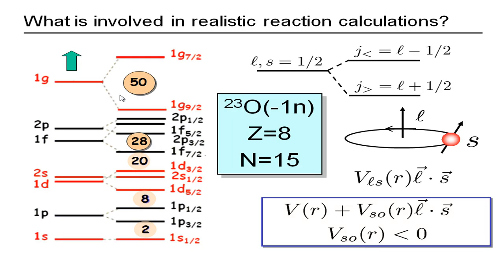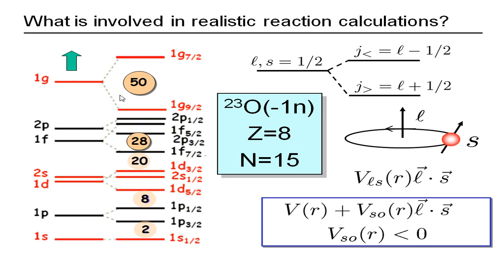So our naive expectation is that oxygen-23 should be a half-plus ground state, with the last neutron sitting in this orbital and that orbital being filled. We should be able to tell based on the previous transparency. I've got 1 nucleon in 2s half, so its spectroscopic factor is 1, one particle in the orbital.